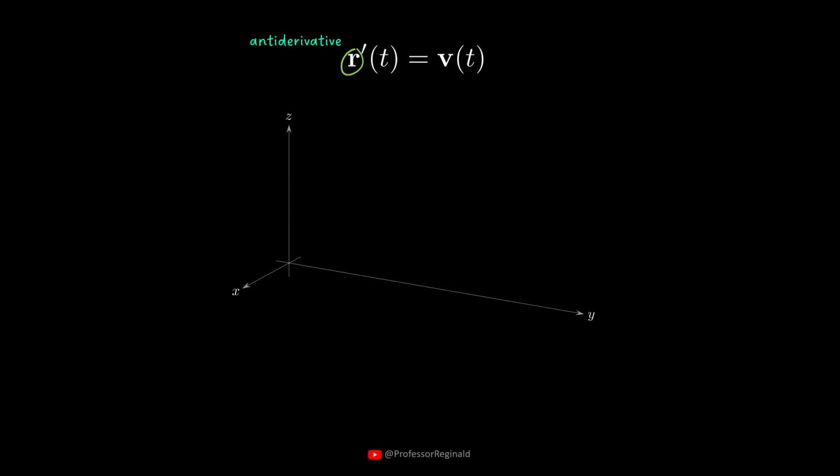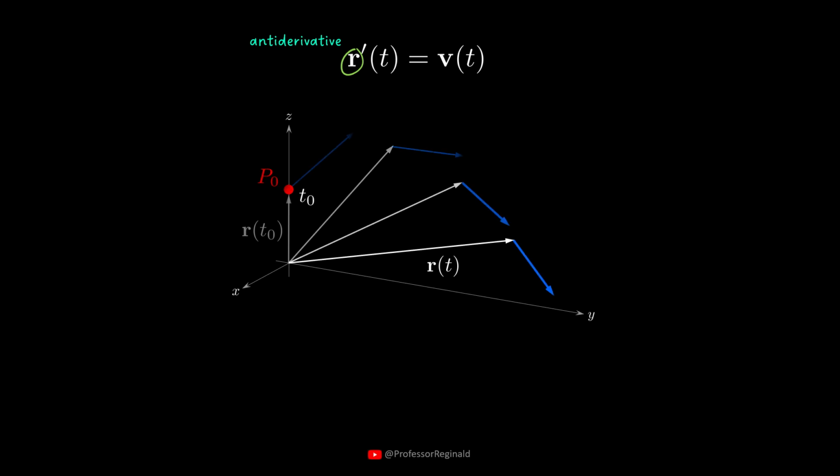Going back to the illustration earlier, we had the derivative of an unknown vector-valued function equals another vector-valued function. Here, the antiderivative is the unknown vector-valued function. And we want to find its equation, given the point in space it must pass through and the vector-valued function of its tangents.